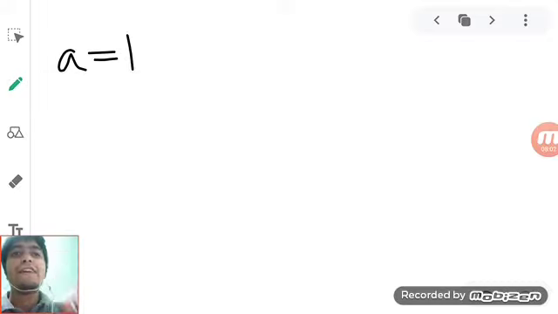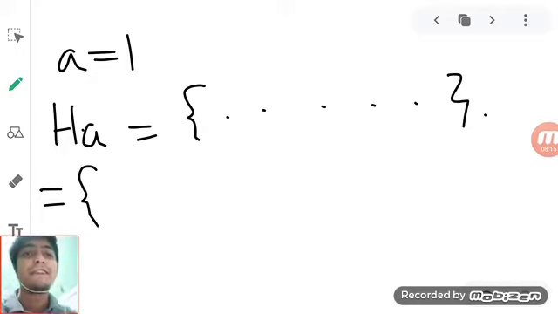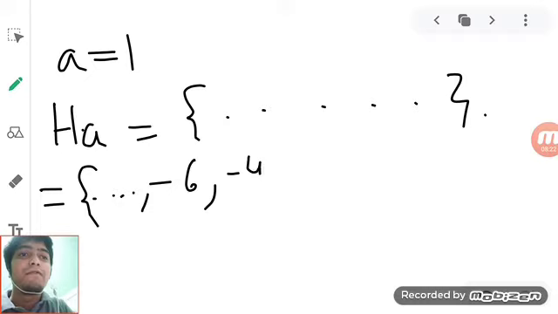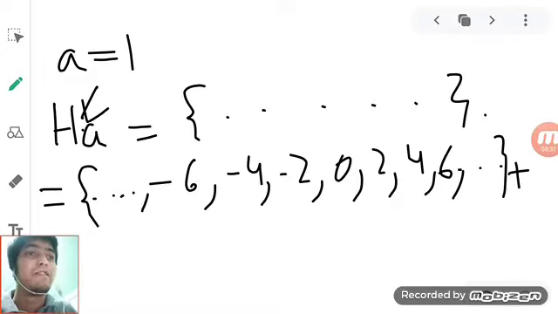Now we take A equal 1. If we take another element of the group, we can get another coset. So now HA is equal to the set of x such that x equals h a, h belongs to H. I will write it directly: -6, -4, -2, 0, 2, 4, 6, and so on, plus 1, because the operation of the group is addition.